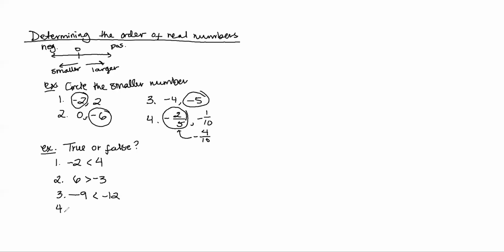Number 4, -4, pointing to the right with a line under it, -1. And number 5, -6, pointing to the left with a line under it, 0. So take a quick second and see if those are true or false.